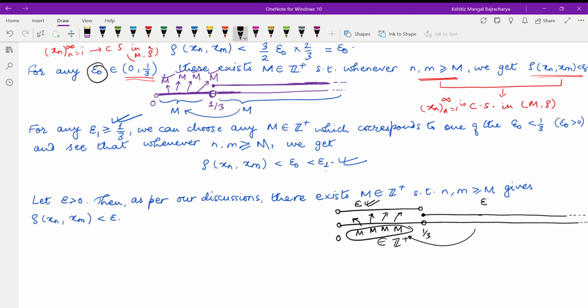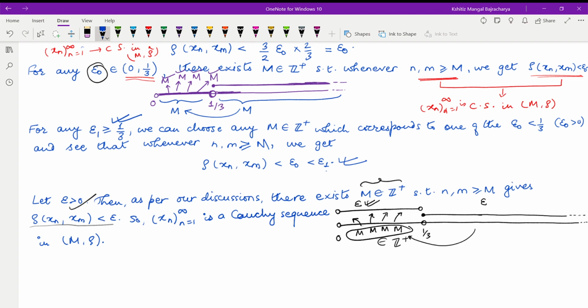That's why we can say that if we take any positive epsilon, then we can find the positive integer m such that n and m, two indices, greater or equal to m gives this inequality, which means x_n, n from 1 to infinity, is a Cauchy sequence in M rho.